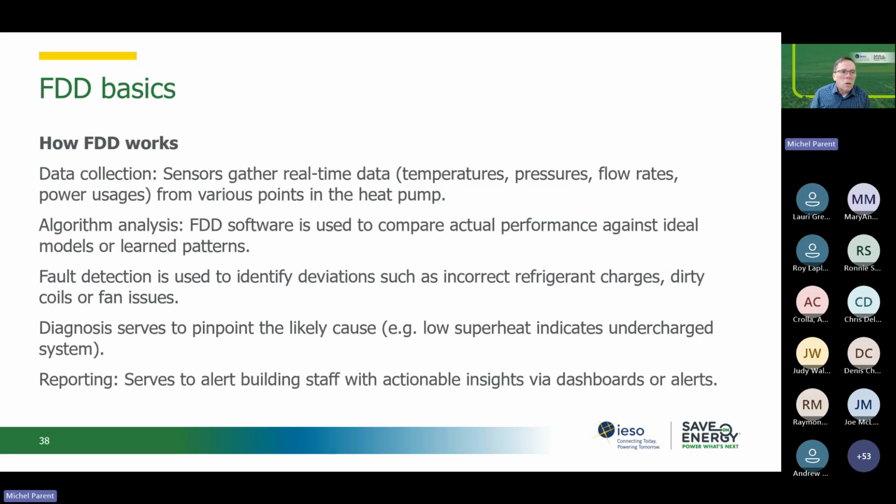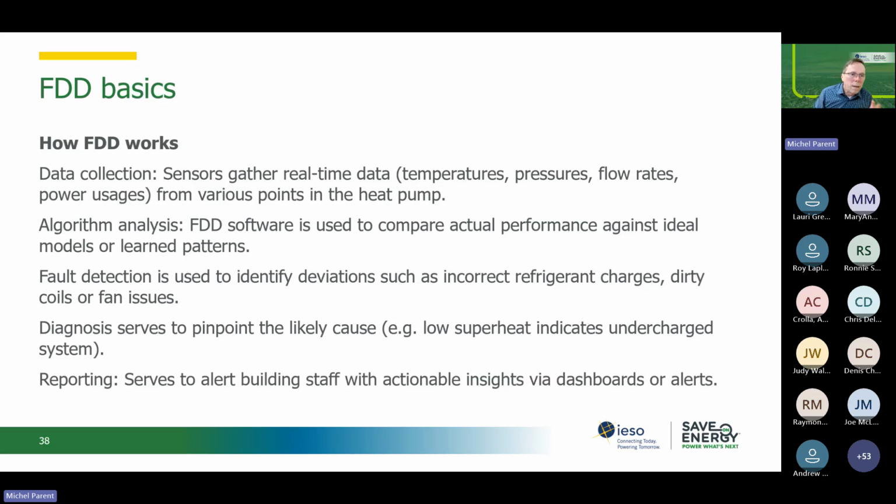And the FDD is only as good as the sensor data that it is going to collect. So you need to have the proper points. If you've got an AAC, so a BACnet Advanced Application Controller, you'll have tons of points. So your FDD will be much better than if you only have the supply and return temperature and is the heat pump on or off and in which mode.